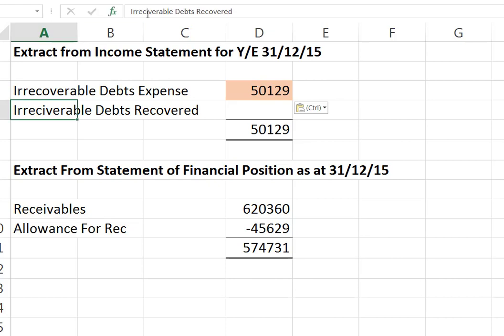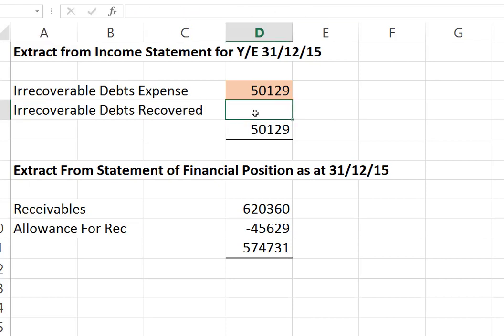And then my, bad spelling there, my irrecoverable debt recovered then is that figure that we were talking about before, which is equal to, and again it's going to be a minus because we're taking it off here. That irrecoverable figure was 3520. Okay, so that's what you would expect to see. So here's my expense in this particular year, and then I'm going to show my irrecoverable debt recovered separate from that.